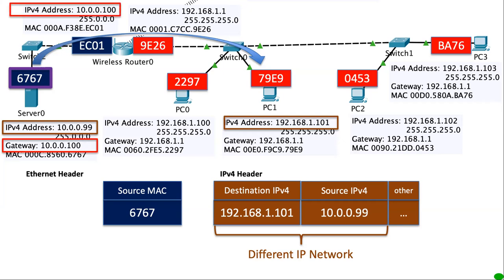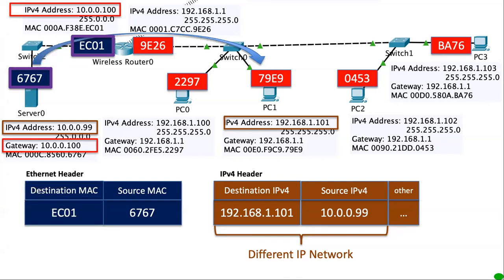And it also has a method, it's called ARP, Address Resolution Protocol, a method that it uses to determine the MAC address of wireless router 0's 10.0.0.100 address. But anyways, what it's going to do is determine that the MAC address it needs to send it to is that of EC01. So that becomes the destination MAC address.